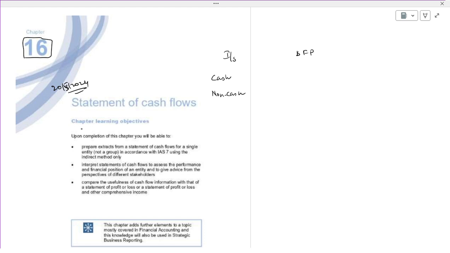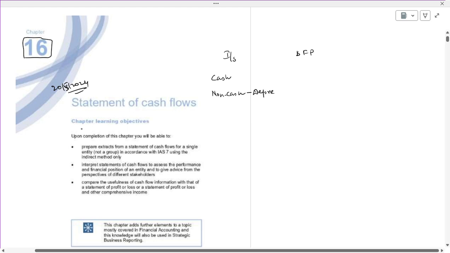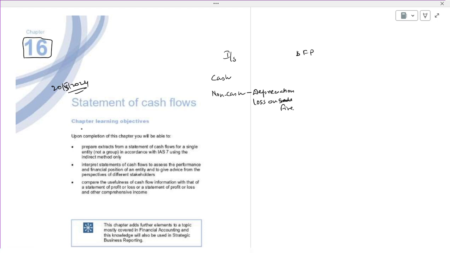Non-cash examples are depreciation, loss on sale, and loss by fire. So it is cash expenses and non-cash expenses.